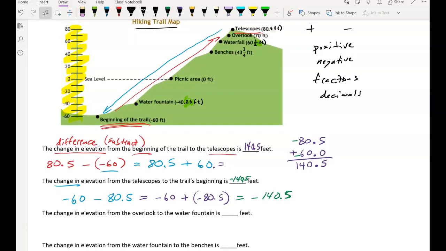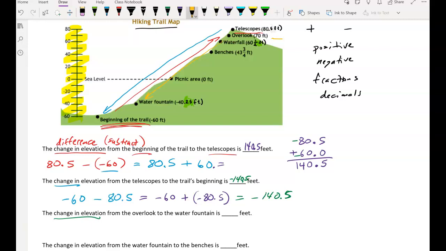The change in elevation, so again, we are looking for the change in elevation from the overlook to the water fountain. So let's see, we're going from the overlook, which is at 70 feet, to the water fountain.